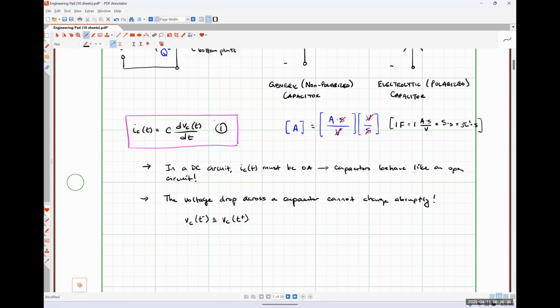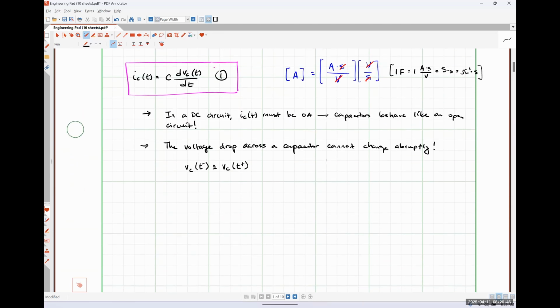So pretty similarly to what we did on Wednesday, I could mathematically rearrange that relationship for current in terms of voltage, and I would find that my voltage drop across my capacitor, VC of t, could be expressed in terms of my current as 1 over C times the integral from negative infinity to t of IC of t prime dt prime, which is the same as 1 over C times the integral from t naught to t of IC of t prime dt prime plus VC at some time t naught.